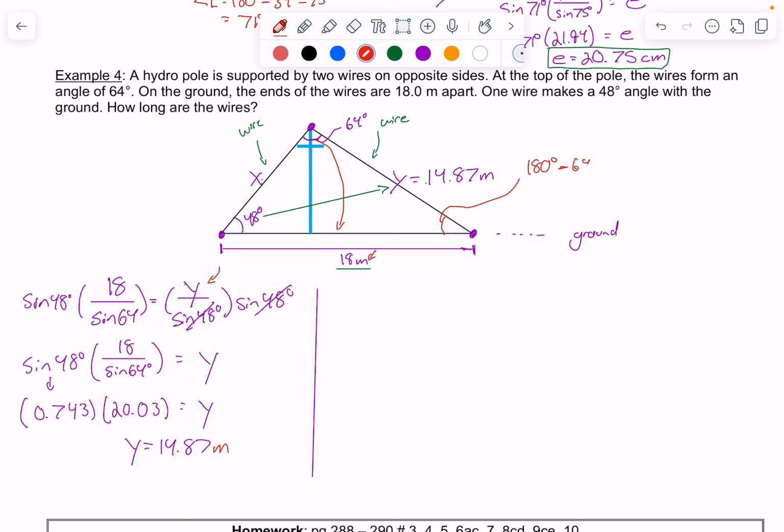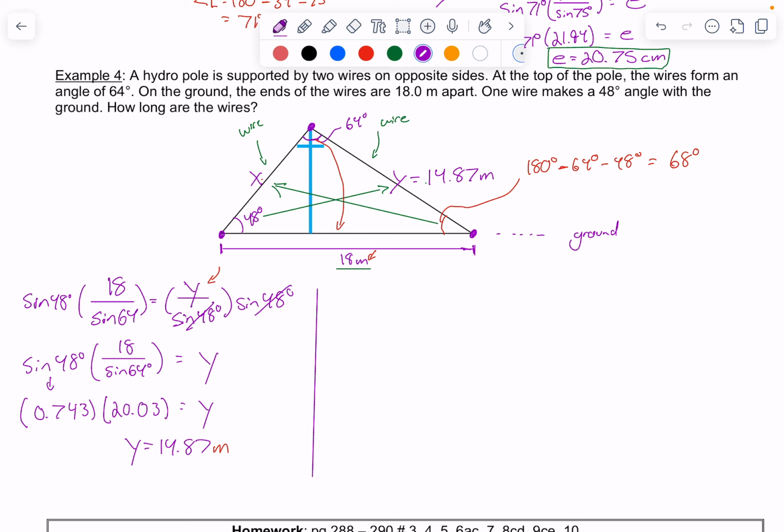So 180, take away 64, take away 48. That angle right there is 68 degrees. You needed that because x has to be its only unknown. You need a side length and its known opposite angle, or vice versa.